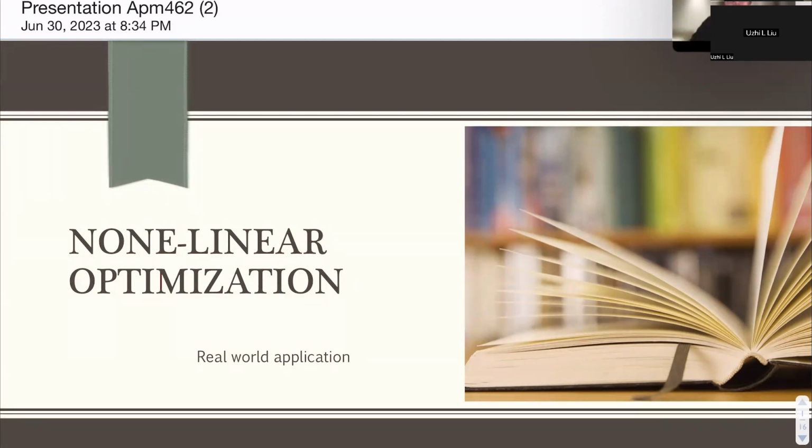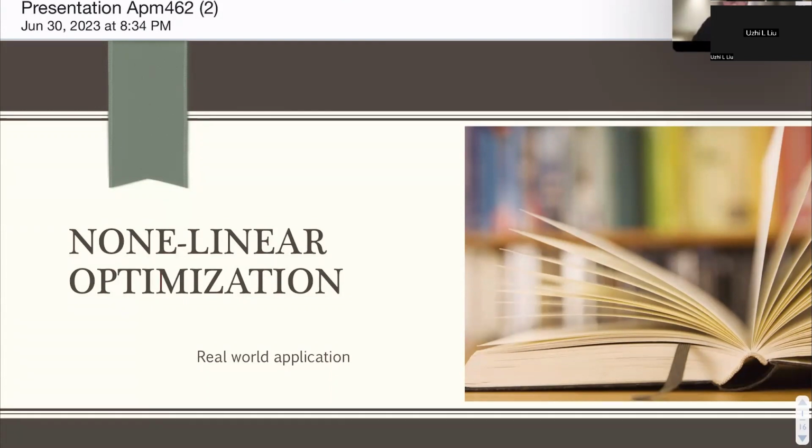So before I get into the topic, I want to briefly introduce myself a little bit. I'm currently a third year math student majoring in math application in finance and economics. I personally find nonlinear optimization very useful because in finance or even economics, we usually have to deal with the problem of either maximizing our profit or minimizing our cost.